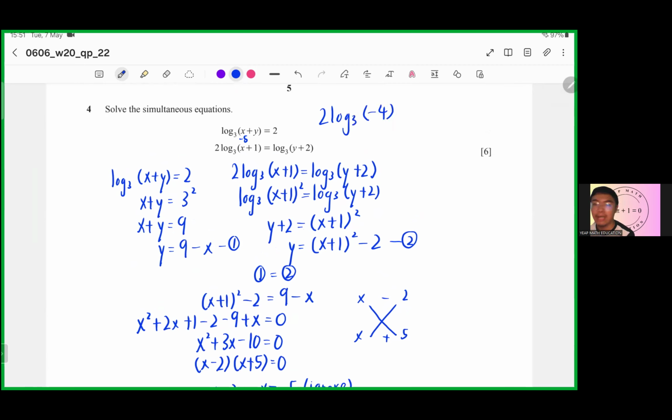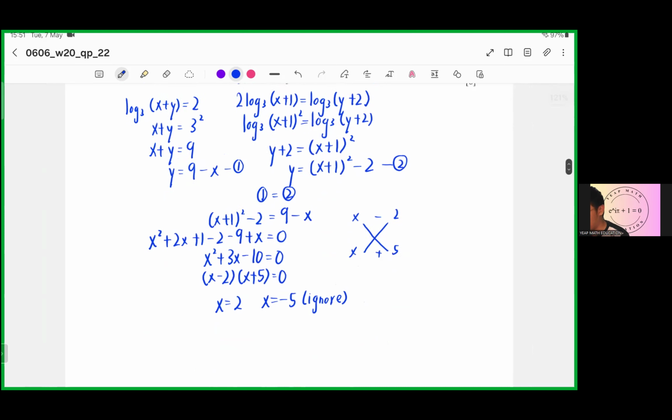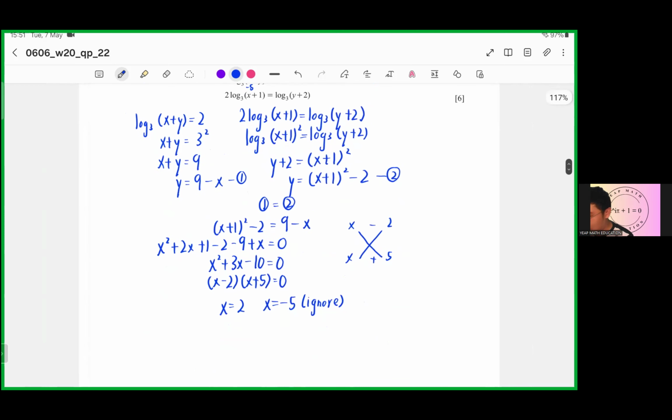This will not happen, because as we know, for logarithms the domain cannot be negative, it should be more than 0. So this negative 5 we cannot use. We just use x equals 2, so the y we get is 7.